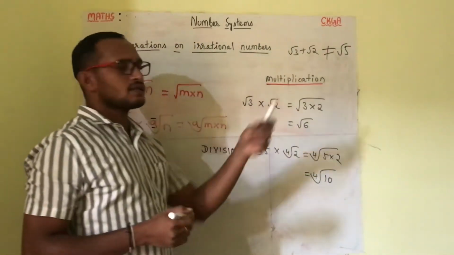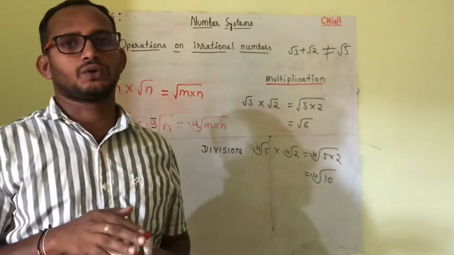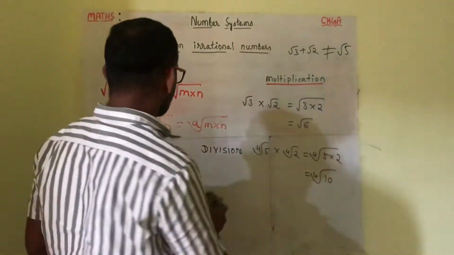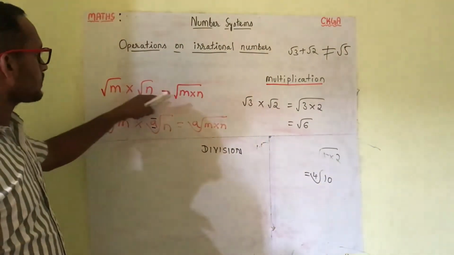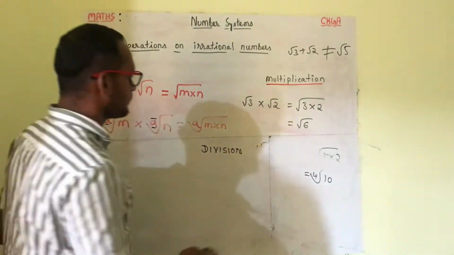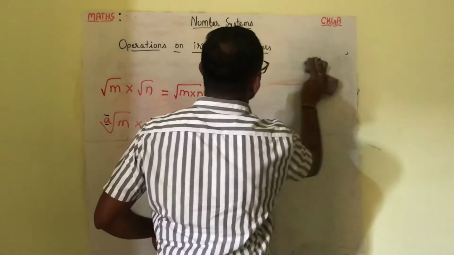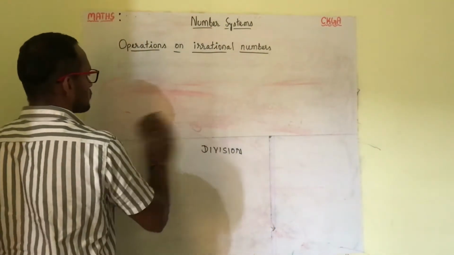Then what would be the answer of root 3 plus root 2? Root 3 plus root 2 is just root 3 plus root 2. You can't add them. So let's get into another task. You can say law 1, don't forget that root m into root n is equal to square root of m into n. So let's enter the final operation on irrational numbers, that is division.